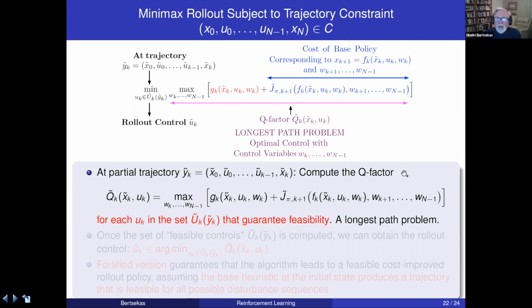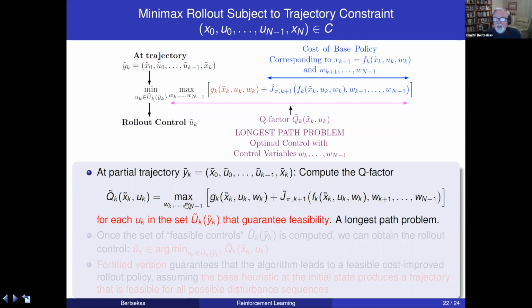So we calculate the Q factor for every control in a restricted set of controls that depend on the partial trajectory so far, because the constraint may depend on the previous values of states and controls. And these are the set of controls that guarantee feasibility.